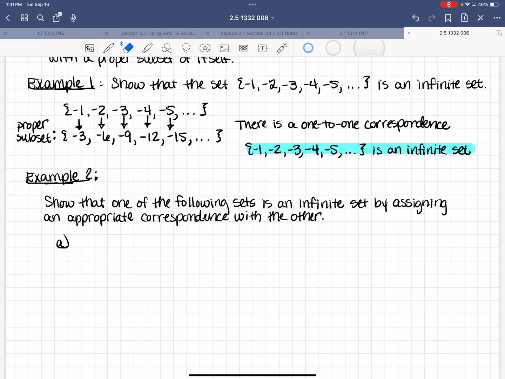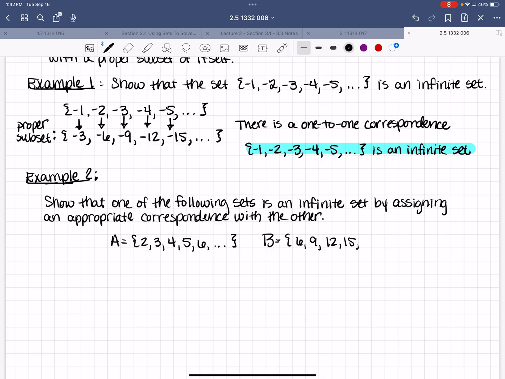Oh, I didn't finish the question. I'm sorry. We have set A equals 2, 3, 4, 5, 6, ellipsis, and B equals 6, 9, 12, 15, 18, and then ellipsis.